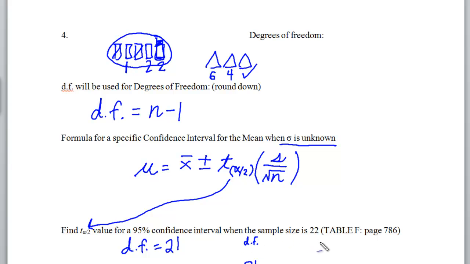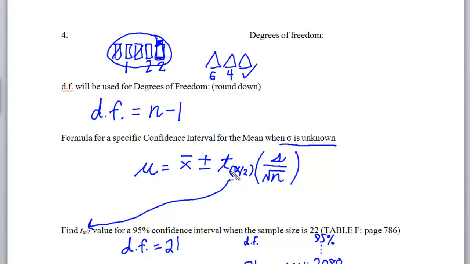And then over here, you're going to find your 95%, and it's either going to be written as a decimal or a percentage, and it is in the book as a percentage. And you're going to look for that number in the table, and that number is 2.080, and we would plug that in here to figure out our problems.